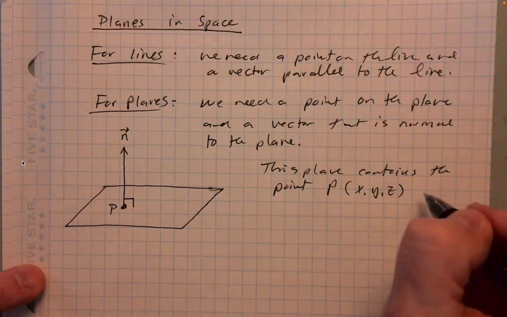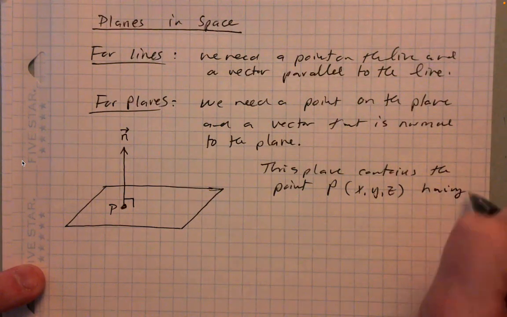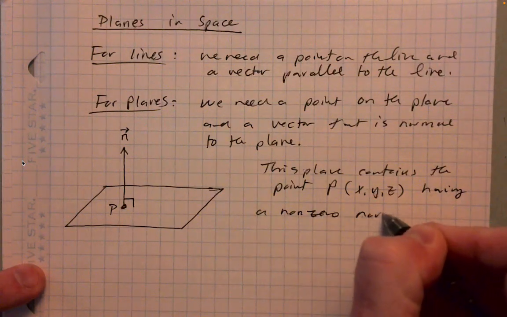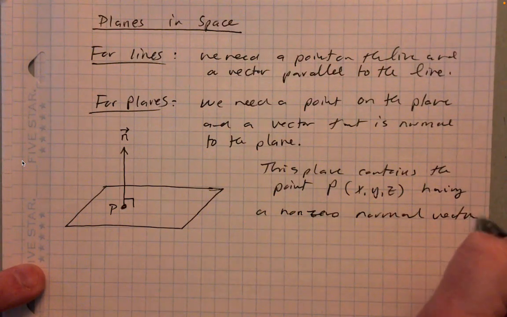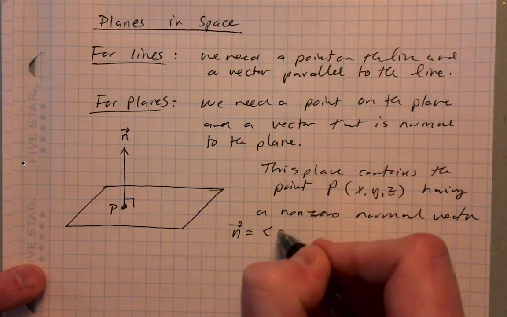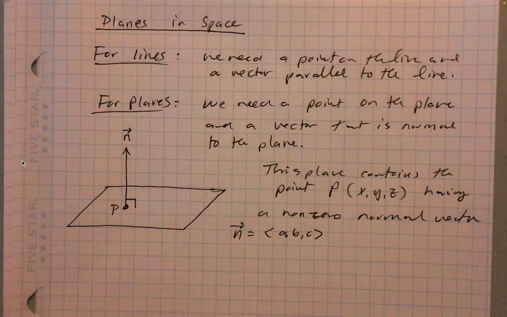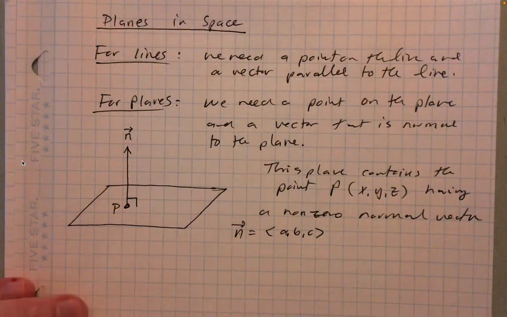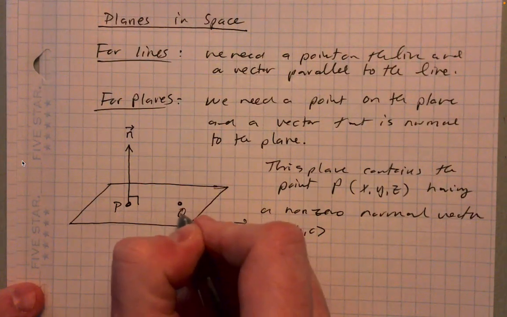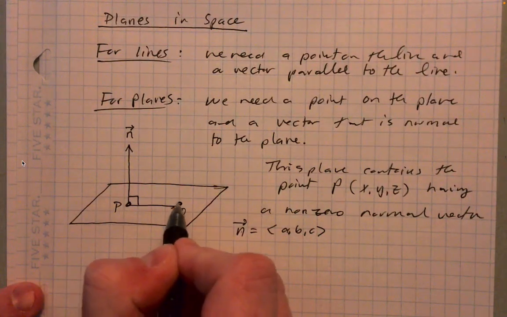It has a non-zero normal vector n, which we'll call a, b, c. Now, one way to think about the plane is to think of the plane as consisting of all points Q.